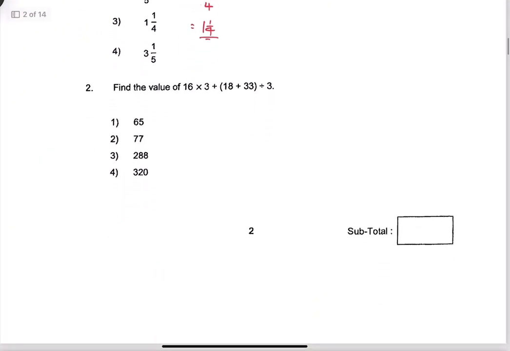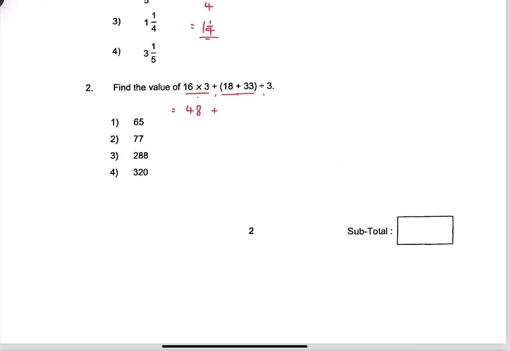Next, okay, they have you to find the value. So looking at this, it's not very clear, so I presume that it's a times, plus and a divide. So which one do we do first? We will do the one in the bracket, and the times you can do because there's no interference with outside. So okay, we can have 16 times 3, that will give you 48. So this will be a plus.